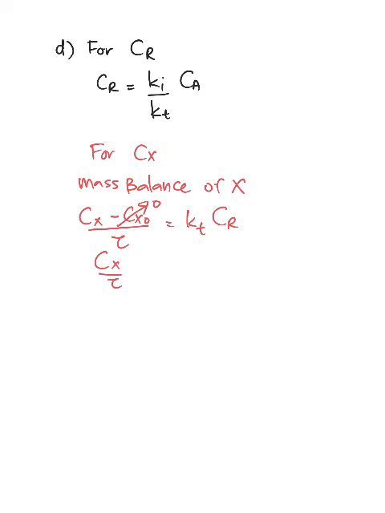So CX per tau equals KT CR. Then just rearrange, so CX equals tau KT CR. Tau we already have from question C, and CR from the previous calculation. So just insert all the values, and then you will get the concentration of X. That's all.